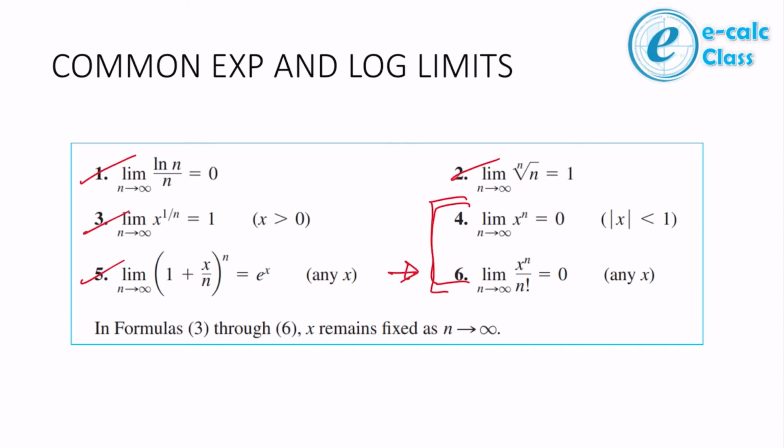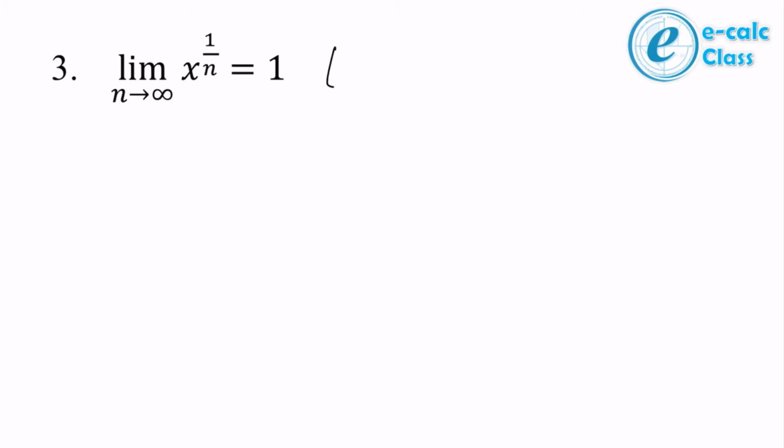As you can see here, x remains fixed as n approaches infinity. So I'm going to write one more thing here: any x. So for any x, it will be like this. Then just go ahead and prove this.